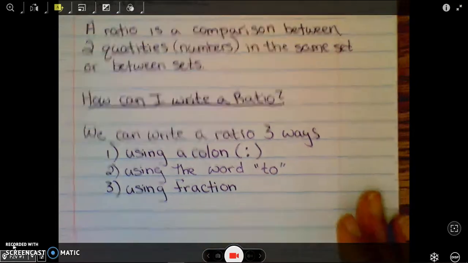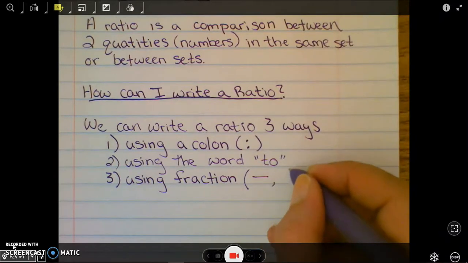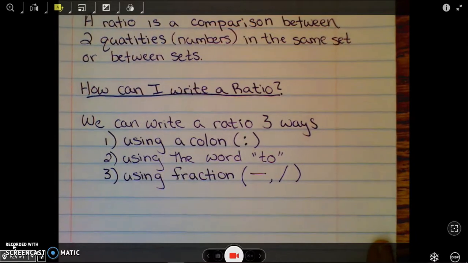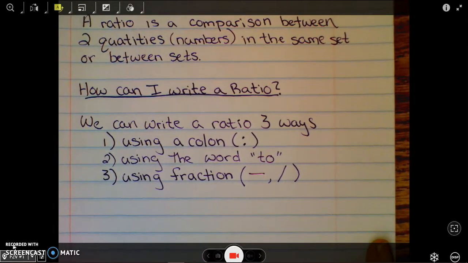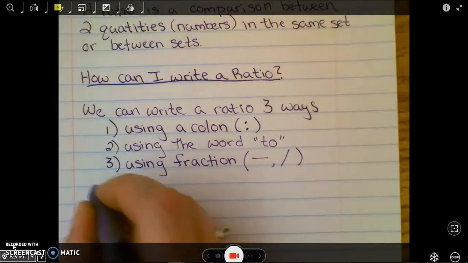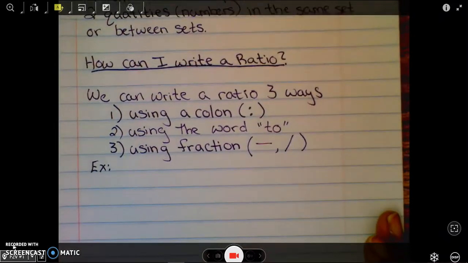If you write it as a fraction, you would either see a horizontal fraction bar or that kind of diagonal fraction bar. So these are just three different types of notation. We're going to have an example, and then we're going to practice writing it 3 ways.